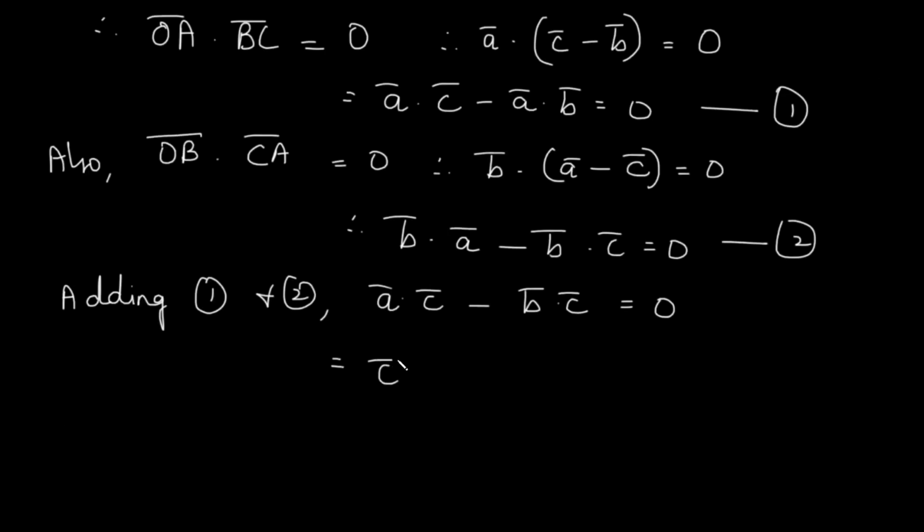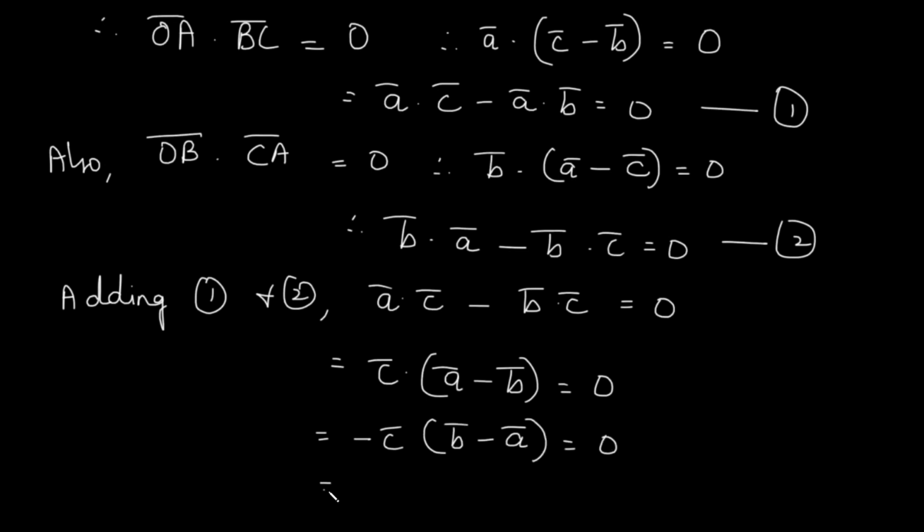That is, C being common, C bar dot (A minus B) is equal to 0. Or if you take a minus sign outside, we can just change the order: minus C dot (B minus A) is 0. And the minus sign going to the RHS, we get C dot (B minus A) is equal to 0.